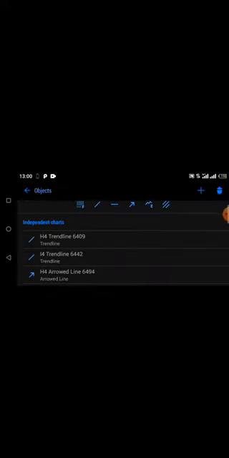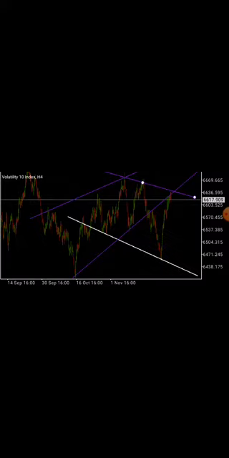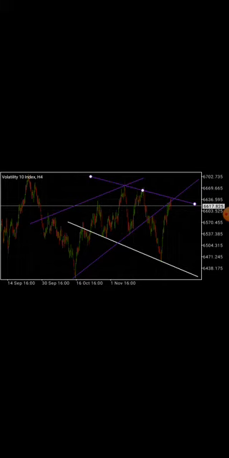The white one should also have a resistance. Okay, like that. So this one must definitely go to white.